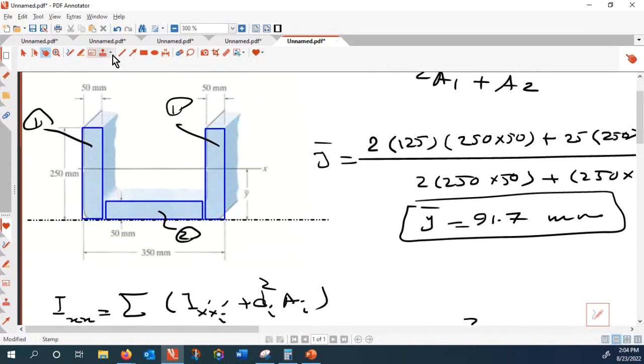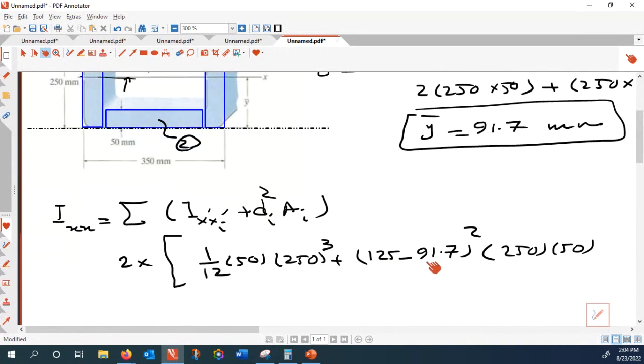This area has its own centroid. The centroid is somewhere here. This is for the total shape. For that rectangle it is here, but that difference, that gap, is D1. So D1, we found this to be that difference.